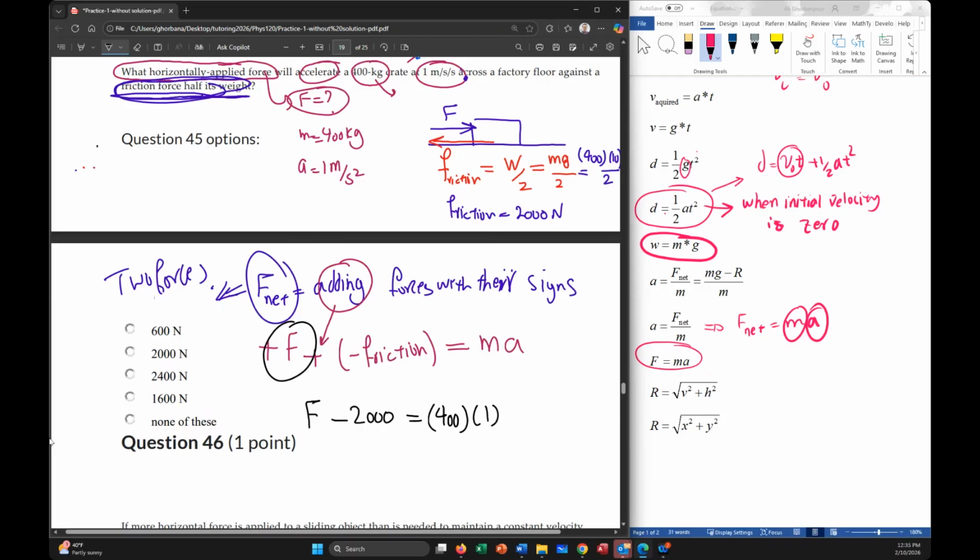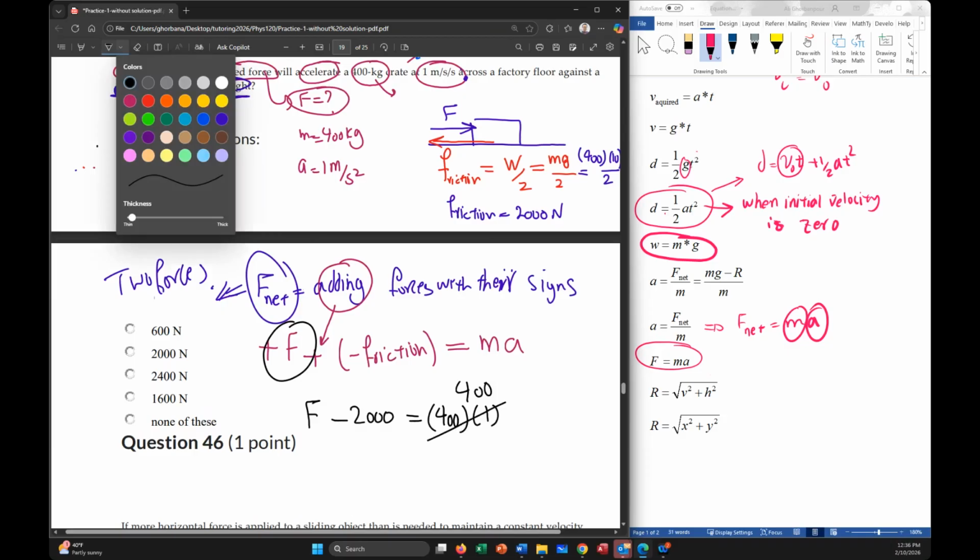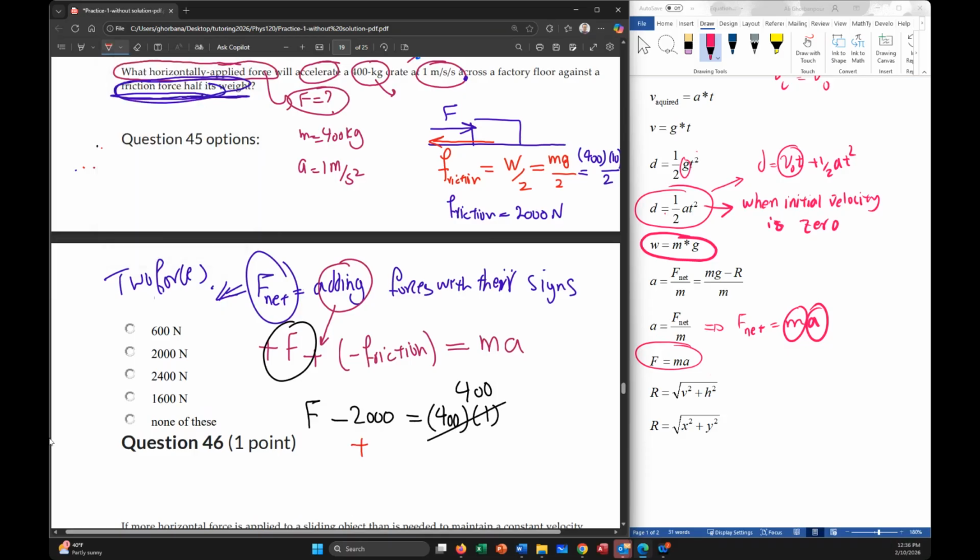Yes, 400 times 1 is going to be 400. Good. How can I solve for F? Add 2000 to both sides. F is going to be how much?